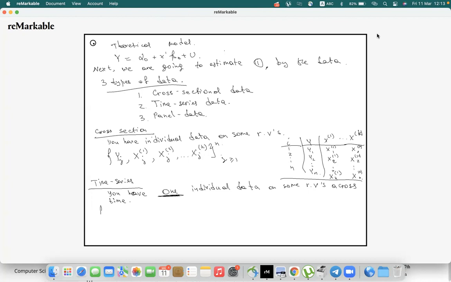Basically, it can be written like this. Oh, sorry, I mixed up T's with J's.